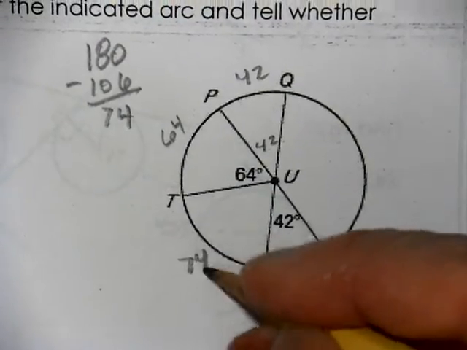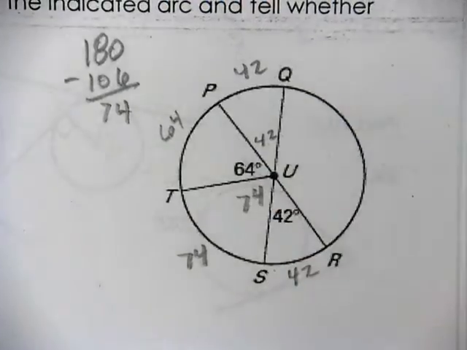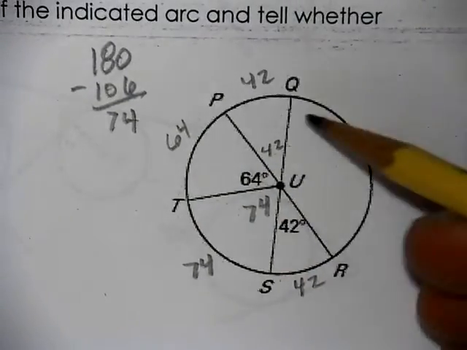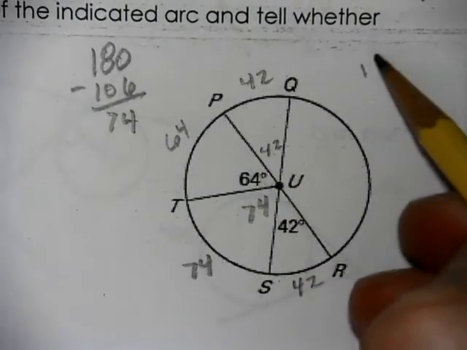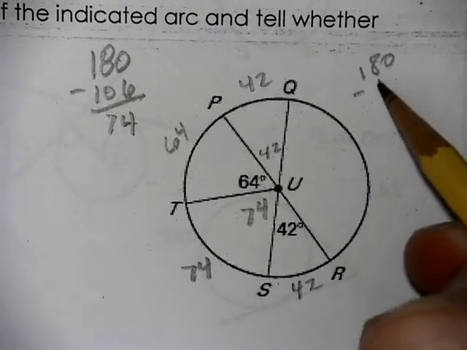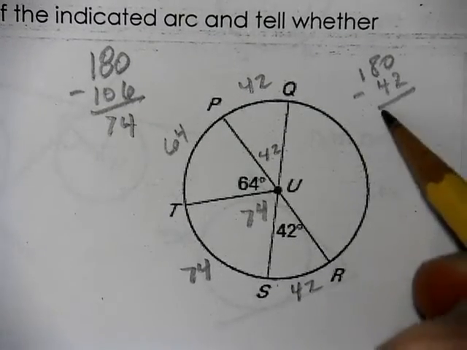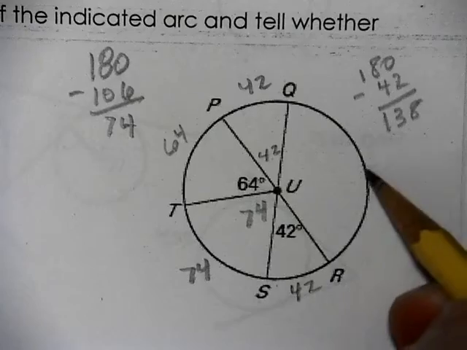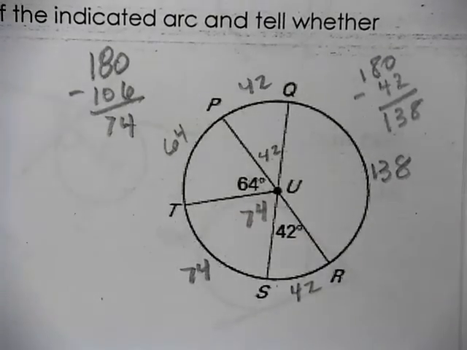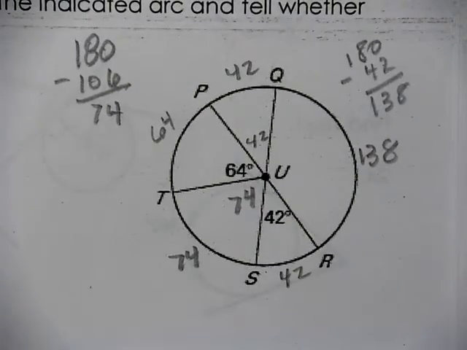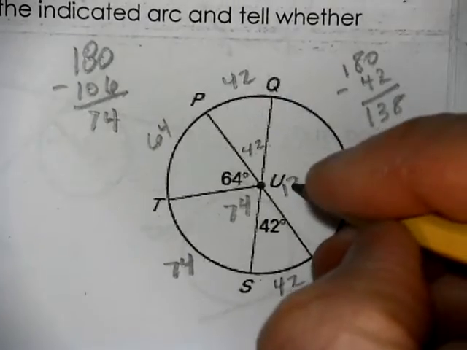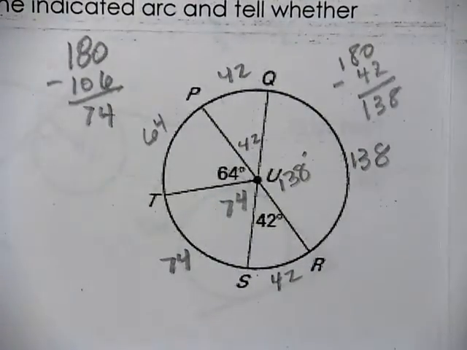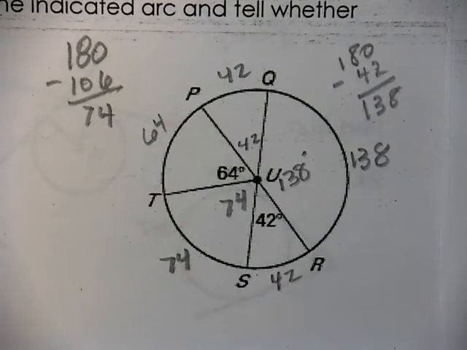So we'd have 74 and 74. What's missing on this side would be 180 minus the 42, which is 138. And that's also going to be its central angle. From there, we should be able to answer all these questions.